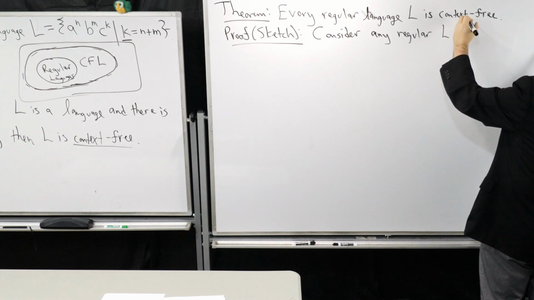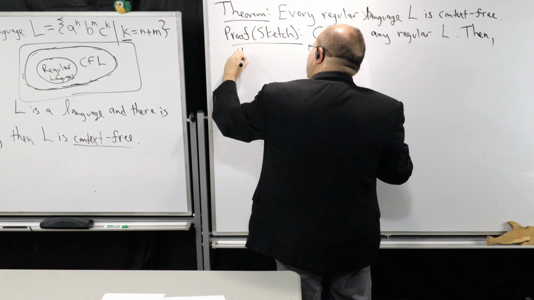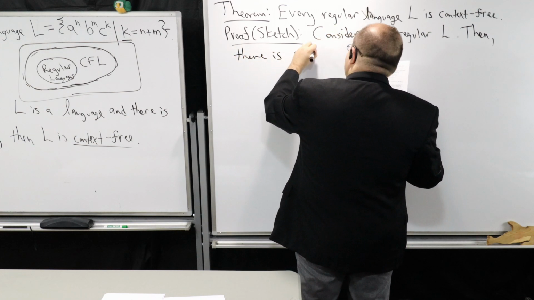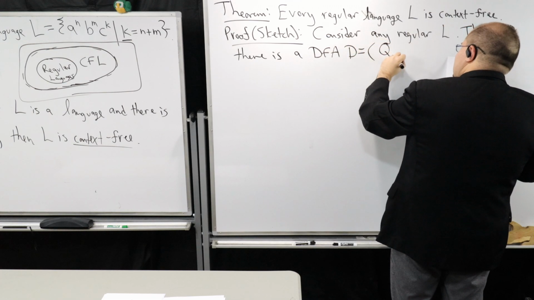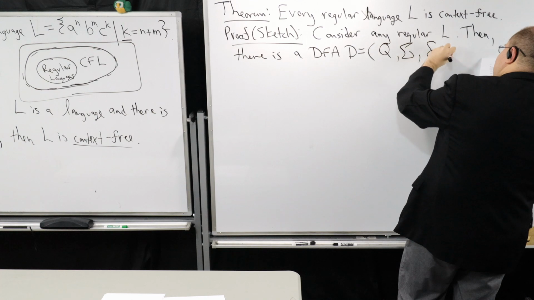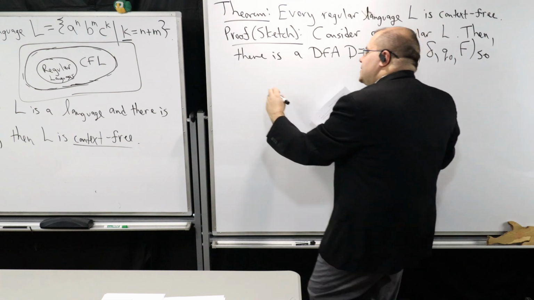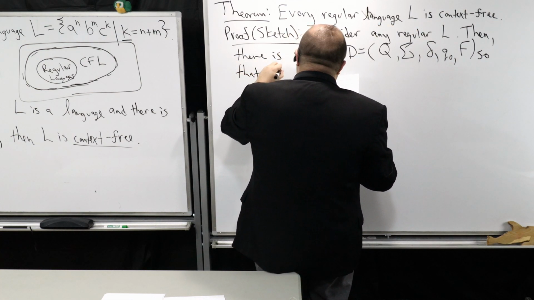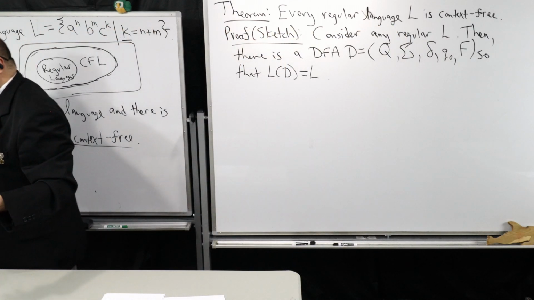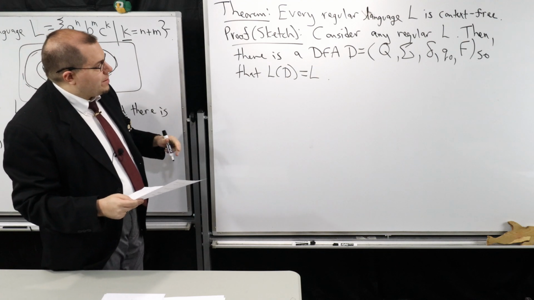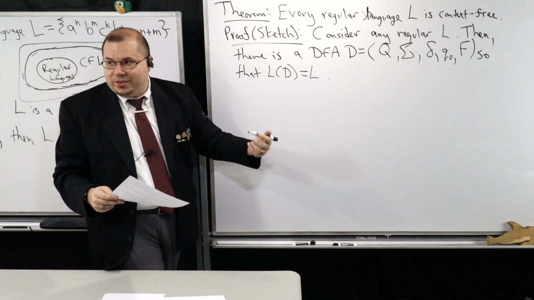Okay. Then there is a DFA D, a DFA (Q, Σ, δ, q0, F), so that L(D) is equal to L. This is a kind of trick I've done before, where I start off with some DFA and show you how you build the context-free grammar.